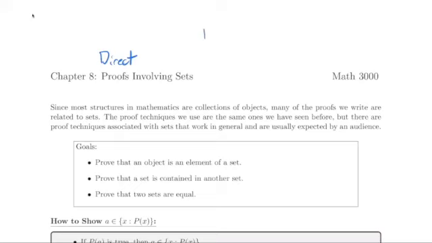And so far we have one proof technique, which is direct proof.